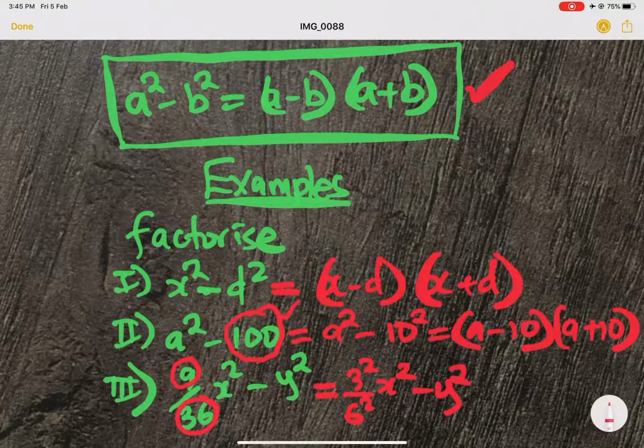Okay, now we can marry 3 over 6 and x. By marrying them, I mean we can put them together, so it will be 3 over 6 x, squared, bracket squared, minus y squared.